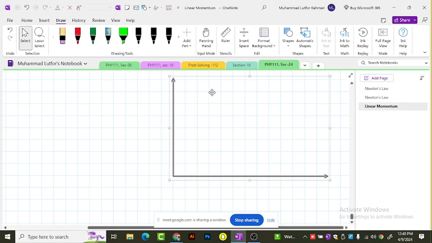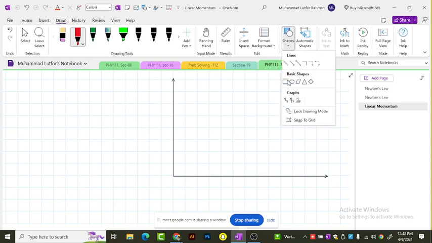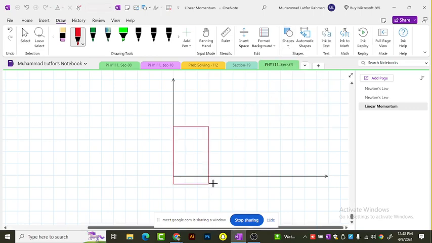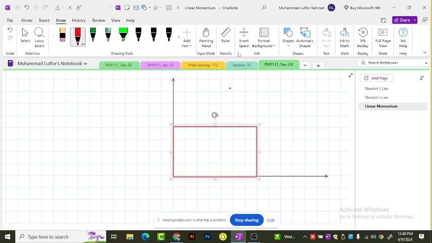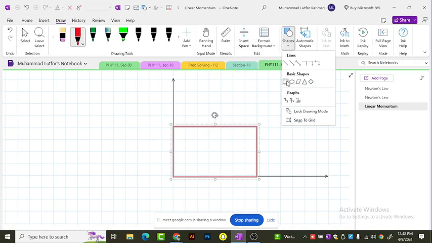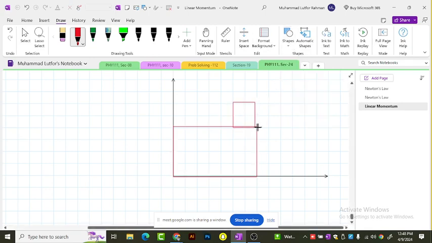All right, let's think about this. This is my two chunks of paper this way.